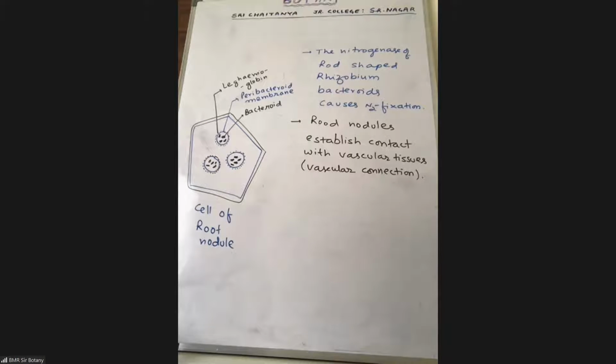Tell me, the peribacteroid membrane is formed from where? Did bacteria develop it, or has it come from the host cells? From the host cells, from the host cell membrane. The peribacteroid membrane is formed by the host cell membrane. Yes, sir.